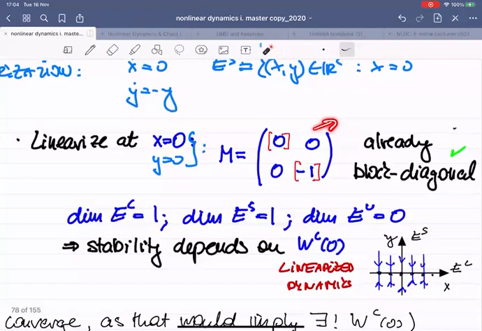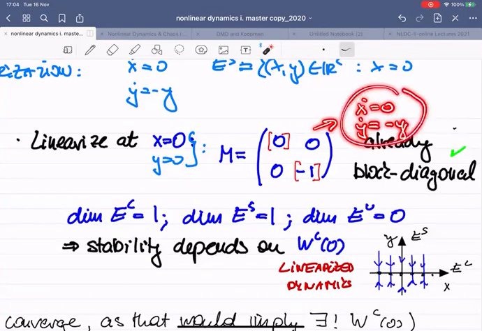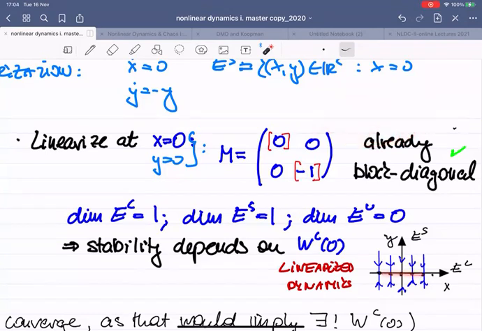What's the linear system from this? It's x dot equals 0, y dot equals minus y, right? We've seen that system before. So there is no motion in the x direction, and when I'm on the y equals 0 axis, no motion in the y direction either. It's a bunch of fixed points, and in the y direction always exponential decay. We've seen this example before.